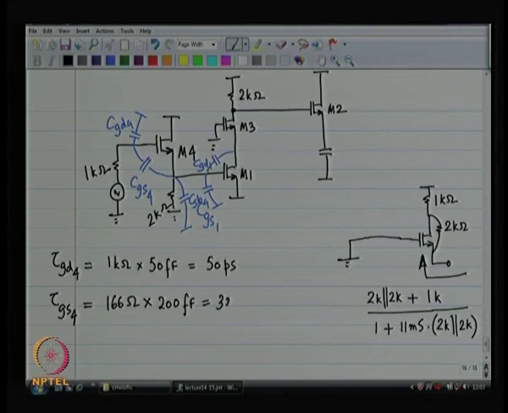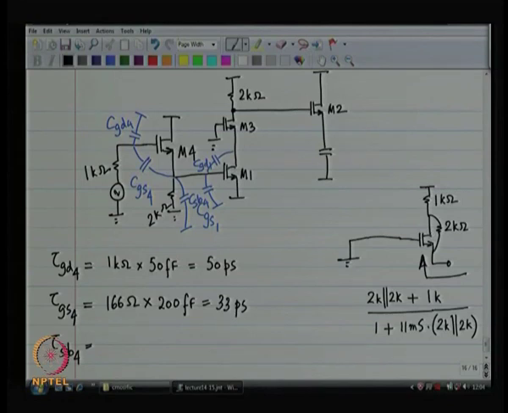So you see 33 picoseconds coming from CGS4. Then see source to body of device number 4. If I look at the source to body, the resistance presented by the source of device number 4, you see basically 2K looking downwards, and looking into device number 4 you see 1 by GM approximately. It's really 1 by GM plus GMB.